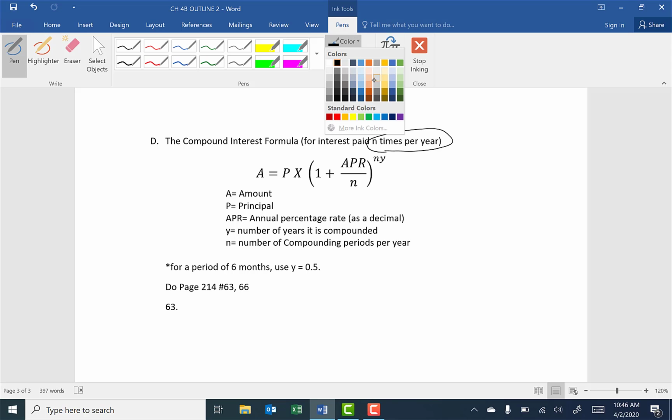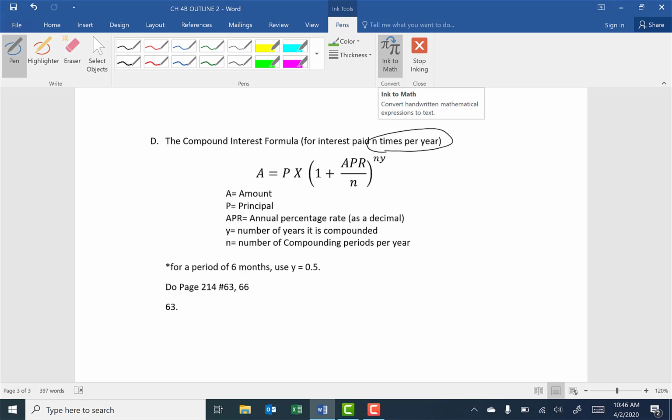So let's change the color of our pen to something a little easier to see. This time our formula is a little bit different, and I did post a page of all the formulas we'll use in Chapter 4. This is the compound interest formula for interest paid n times a year.